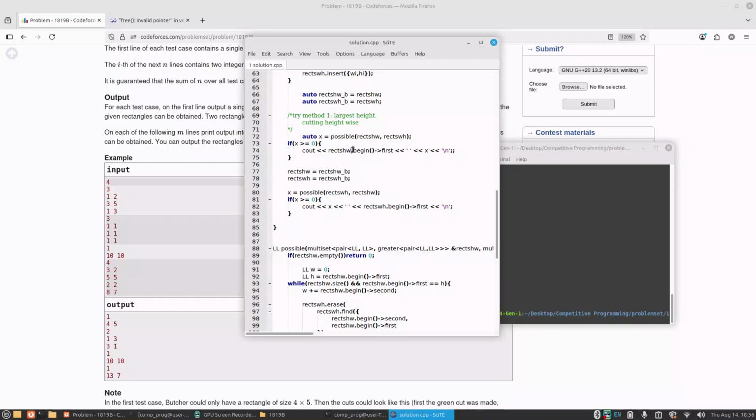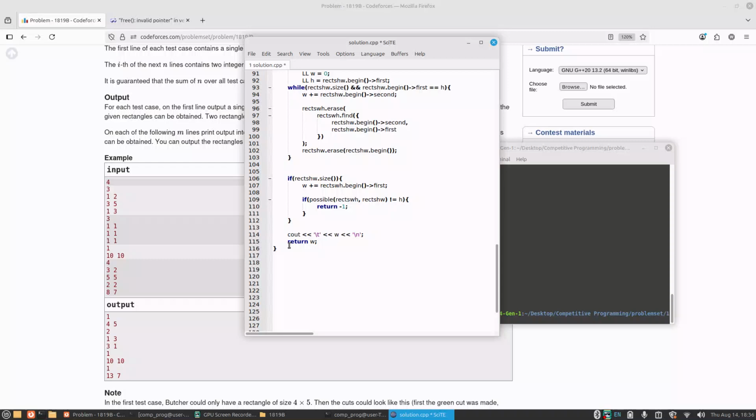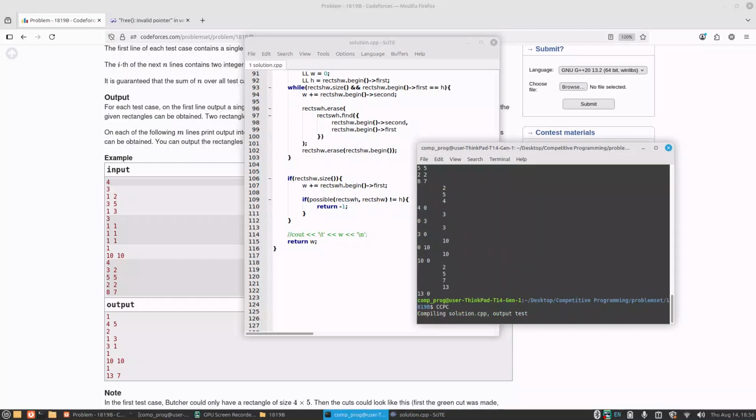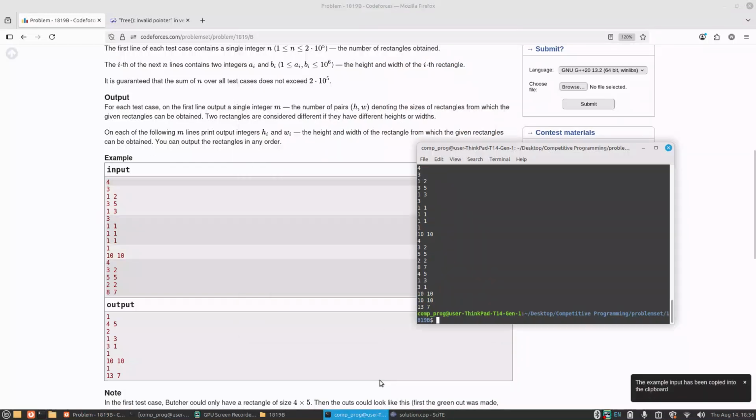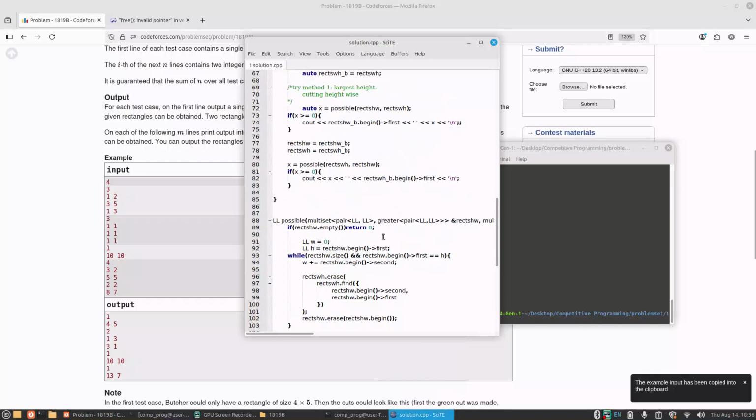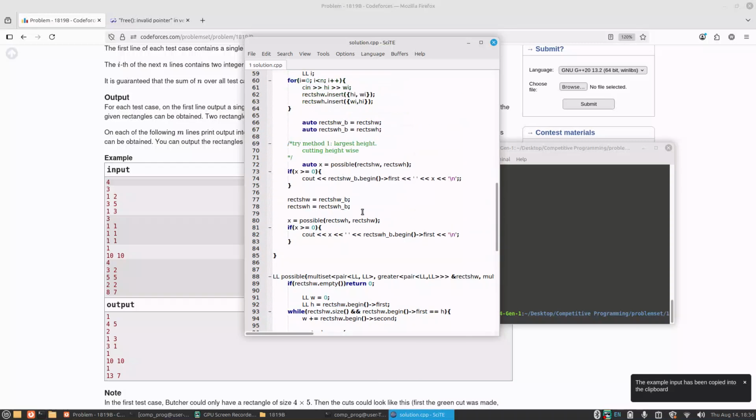Of course. And this should work except for duplicates, then I need to figure out how to. Yep. So now I just do duplicates.